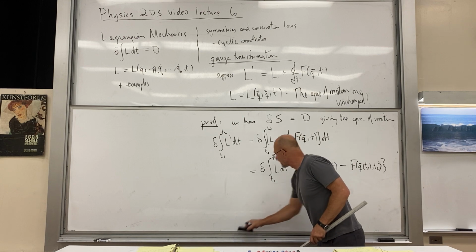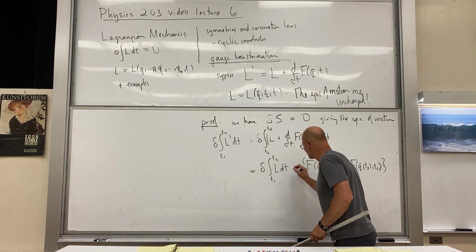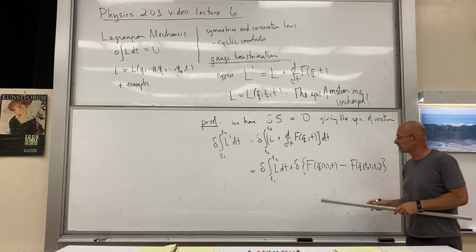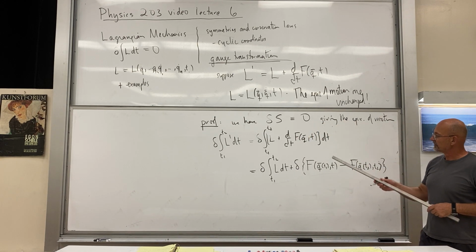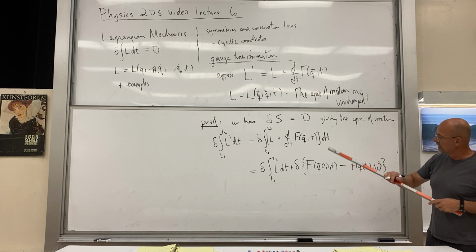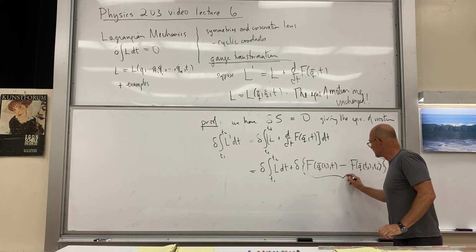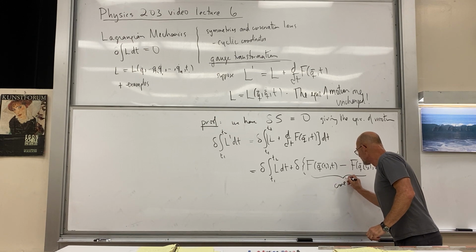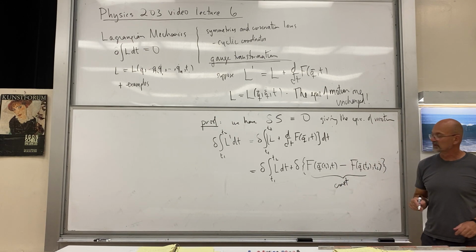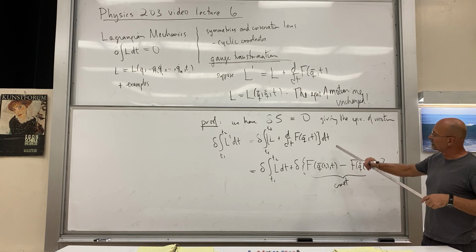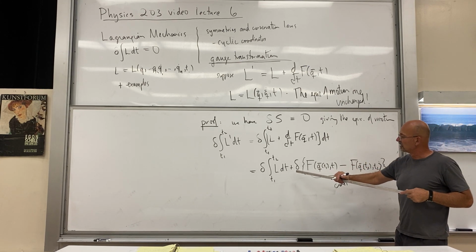And let's distribute this. So we distributed that operation. Now the variation of constants is simply 0. So because we have a variational principle, we don't have to do any fancy calculation at all.